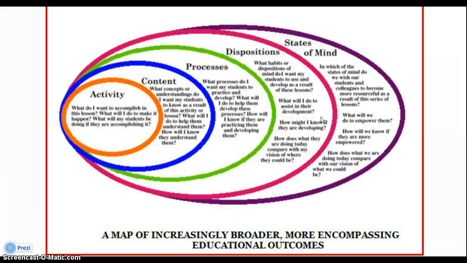So what habits or dispositions of mind do I want them to use and develop, like scientific thinking or work habits? How can I assist in them developing these work habits or this scientific process? How can I know if they're developing these things? And how does what they know today compare with my vision of where they could be? So what are my aspirations for them, and how do I help them develop aspirations?